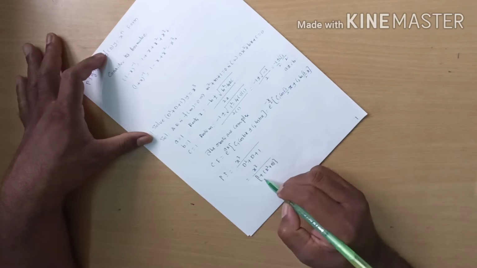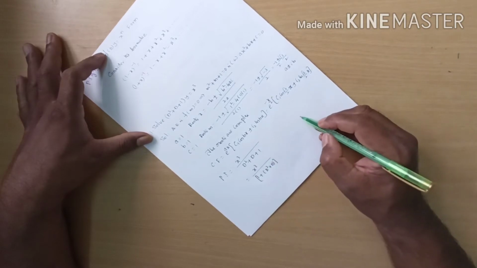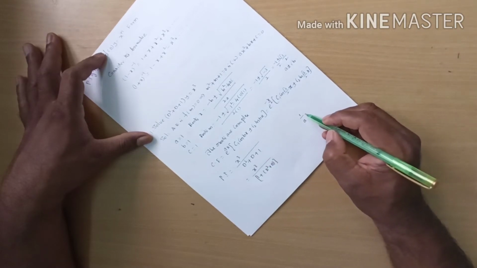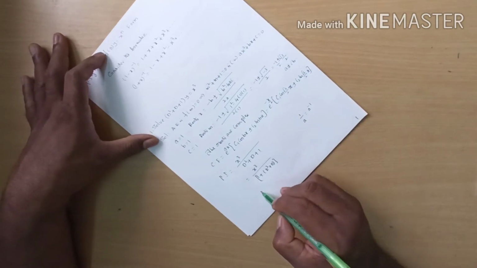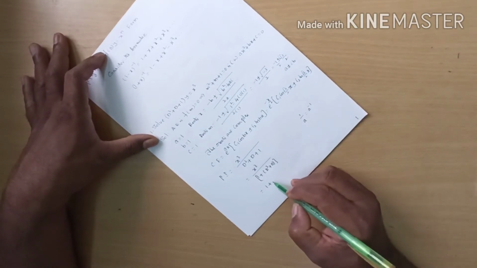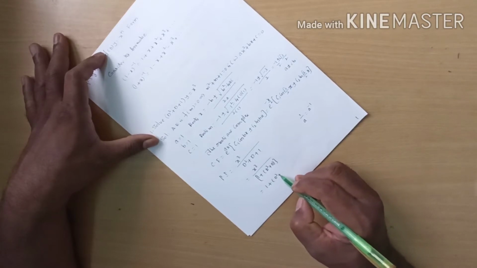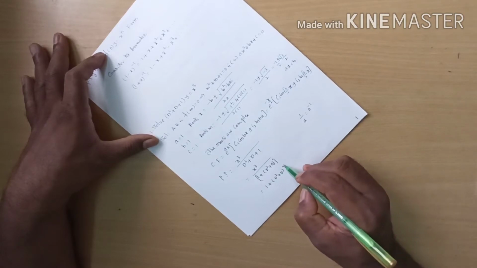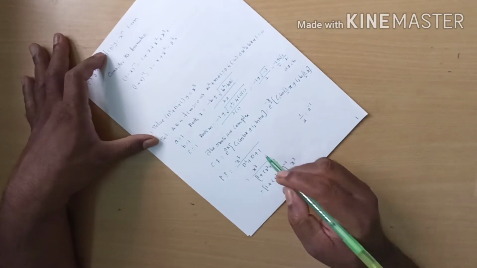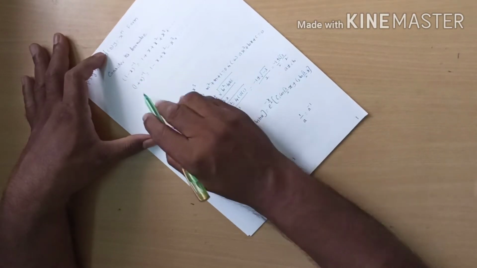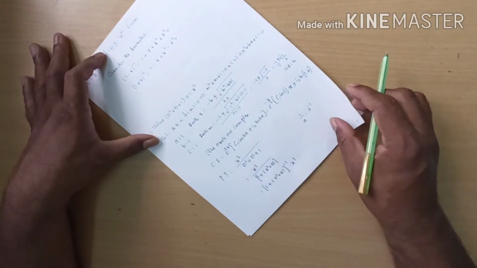Taking it to the numerator, 1 by a is equal to a to the power of minus 1. Similarly, it can be written as (1 plus D square plus D) whole power minus 1 into x power 3. It is in the form of (1 plus x) whole power minus 1.